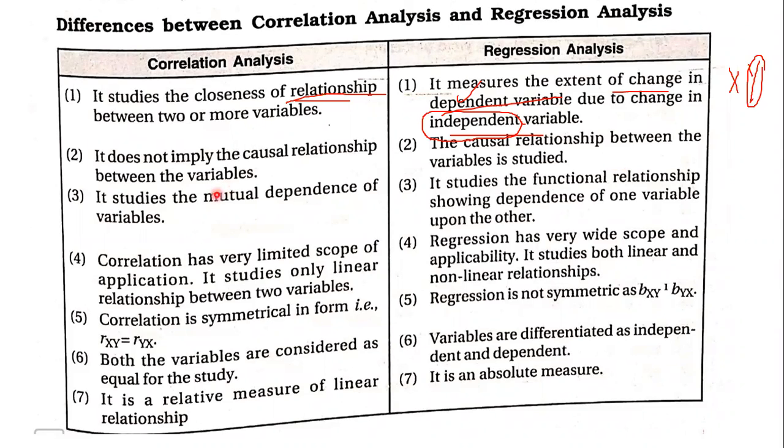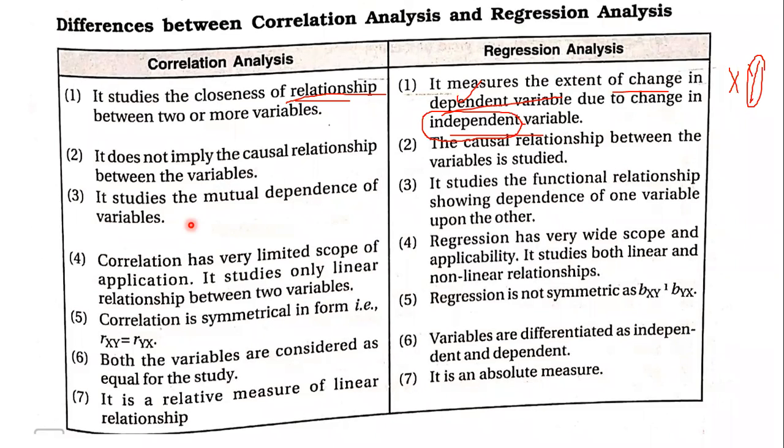Next, correlation studies the mutual dependence of variables. Since it is studying the relationship, we consider both x and y on an equal basis. But in regression, one is a dependent variable and one is independent.